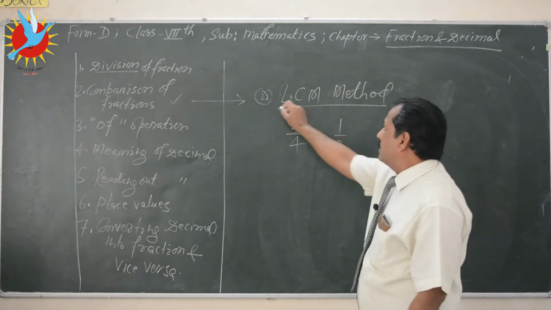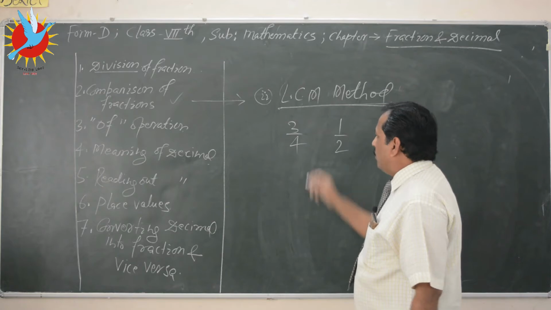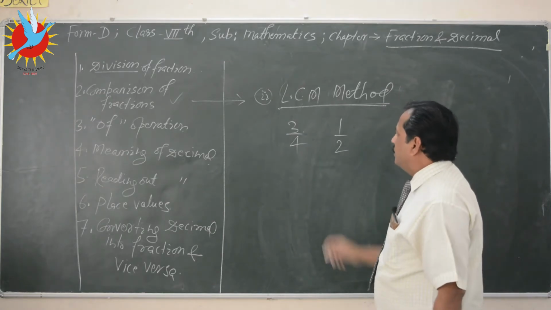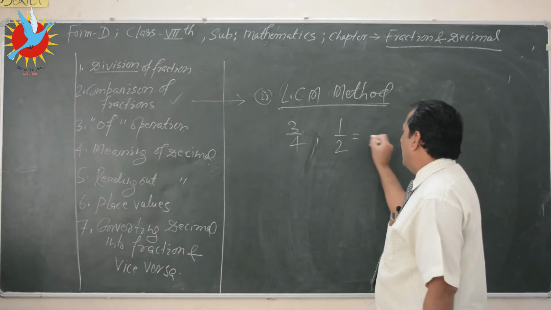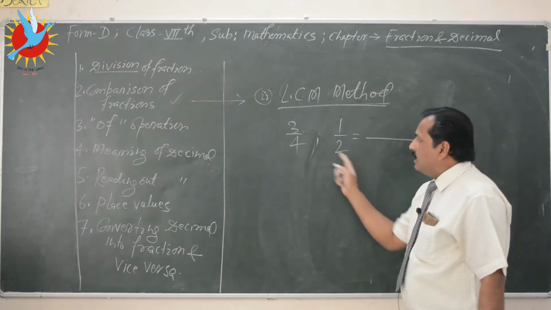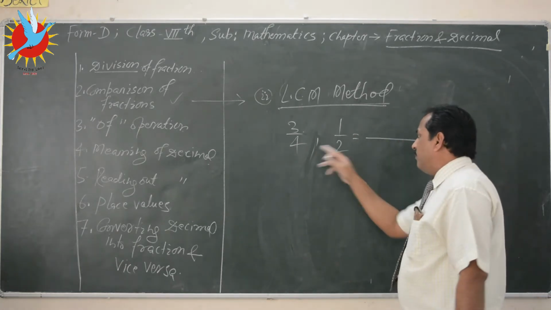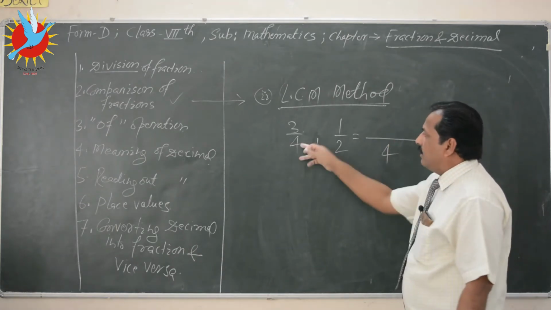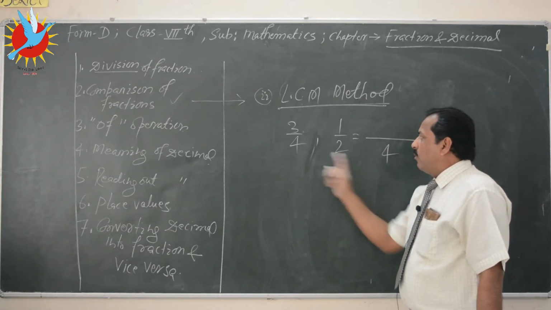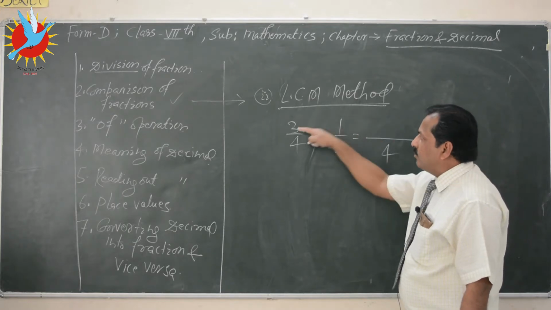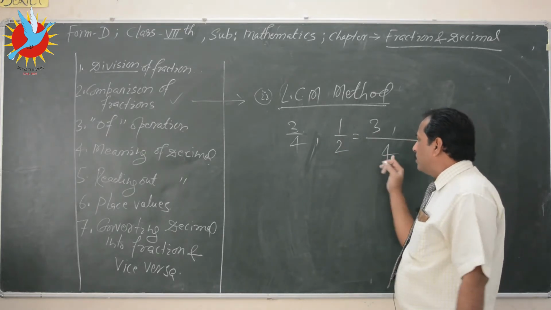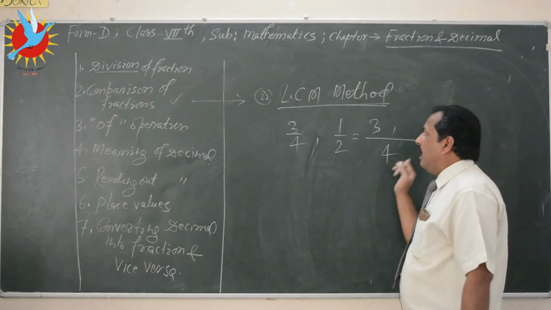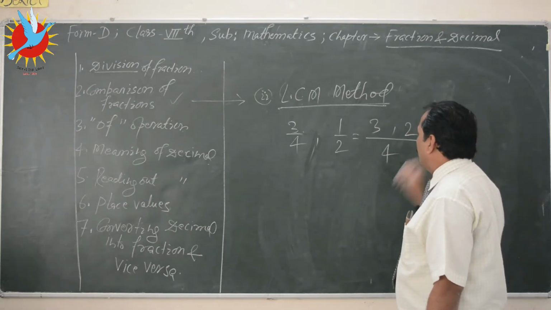And now let us apply this LCM method. So this 3 by 4 and 1 by 2, let us put 1 comma, there are two fractions, and take the LCM of the denominators. The LCM of 4 and 2 is 4, just like addition of fractions. 4 ones are 4, 1 times 3 is 3, comma, and 2 twos are 4, 2 ones are 2.